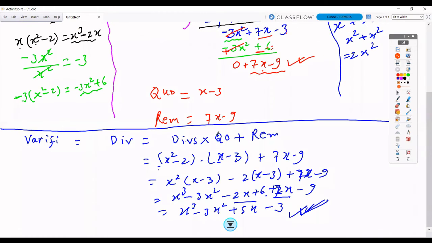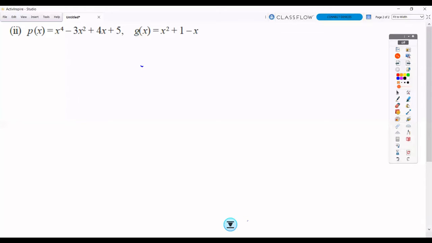Your dividend is equal to divisor into quotient plus remainder. So this is your final answer. Okay, this is the verification process. You are supposed to do this when they ask you to do it. Otherwise, for your convenience, if you can do it, you may do it.